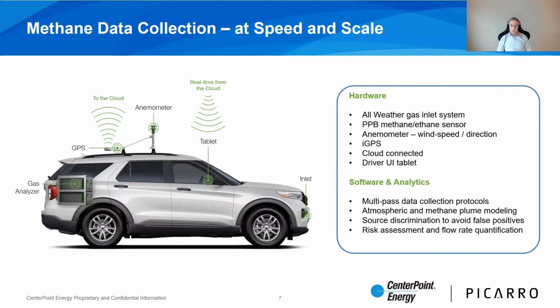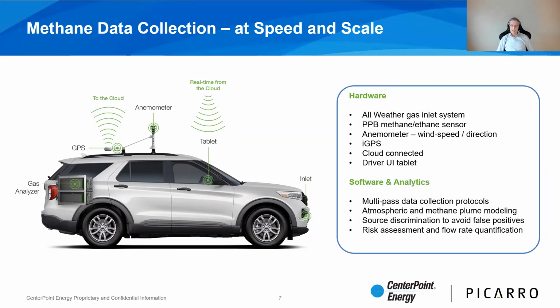In terms of analytics, we have developed an atmospheric and methane plume model, which allows us to extract very useful information from the methane measurements that we do. We have embedded source discrimination, leveraging our ethane sensitivity.